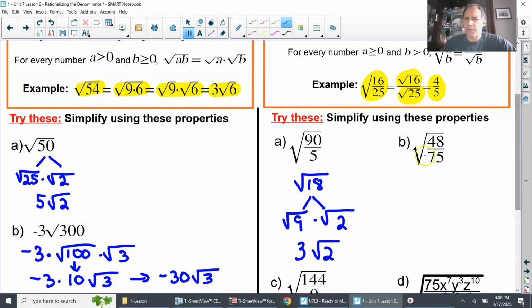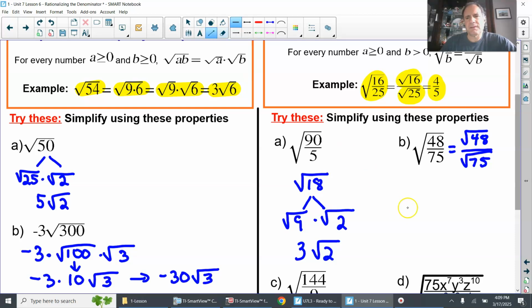All right, so 48 and 75. Let's see. Let's talk about making the square root of 48 we're going to move on top, and then the square root of 75 on the bottom.